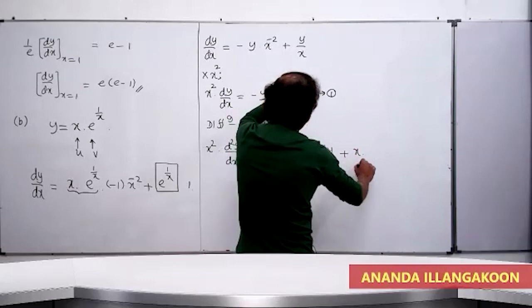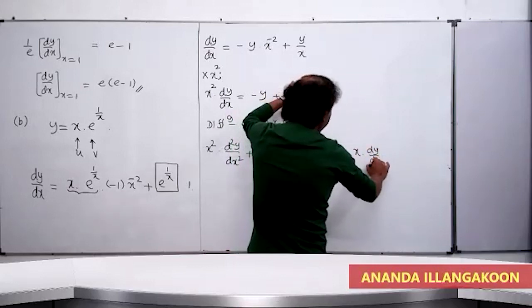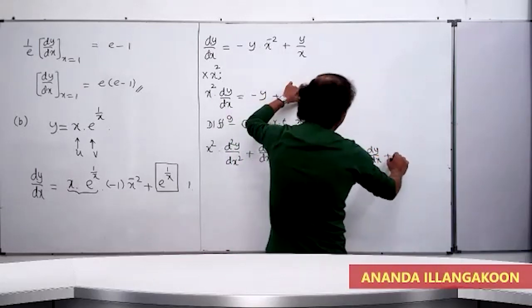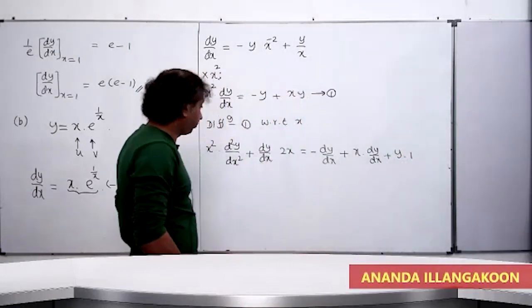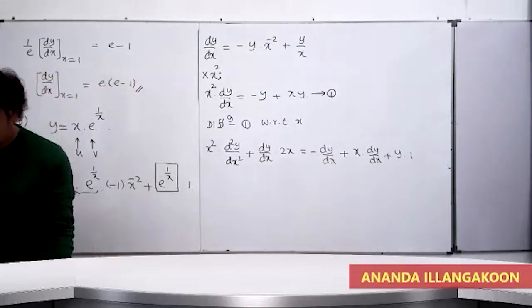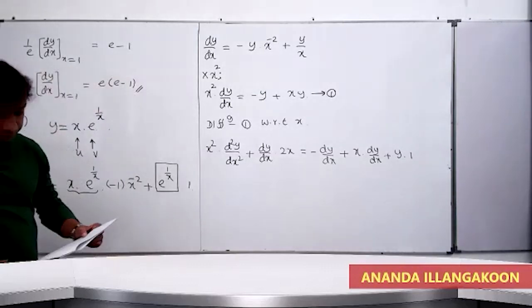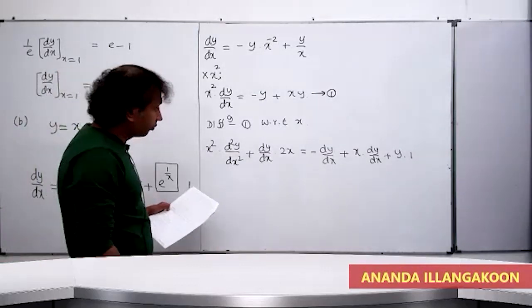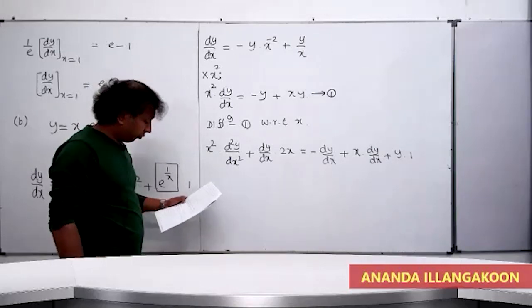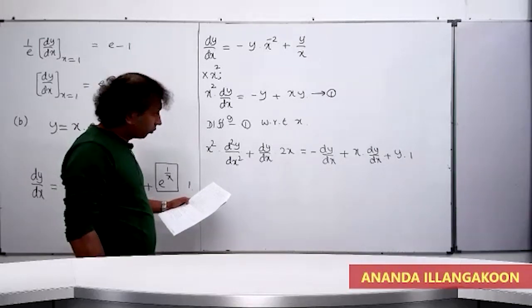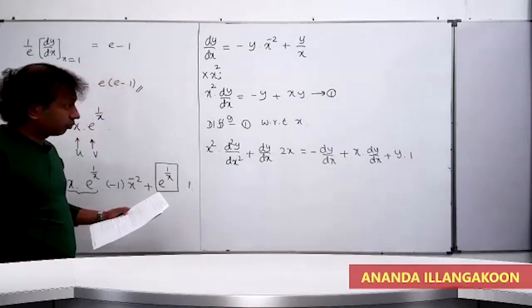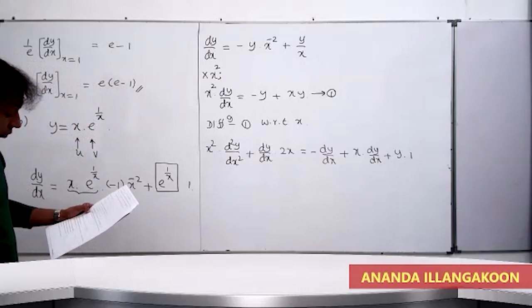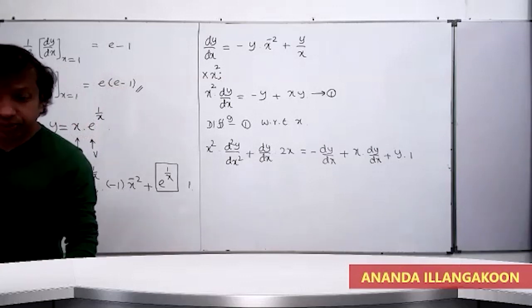Keep this x the same, dy by dx plus y, the derivative of x is 1. What is the answer asking?